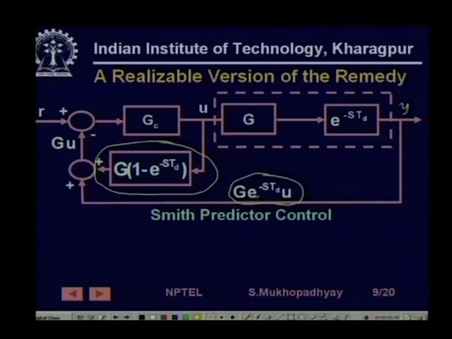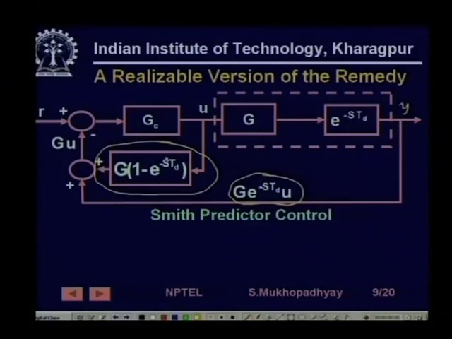So, this is g into e to the power minus s td into u, and on the other hand now you see that if this is a big if, but if I knew g and td very accurately, then there is no reason why I cannot simulate this transfer function and then feed it by u.